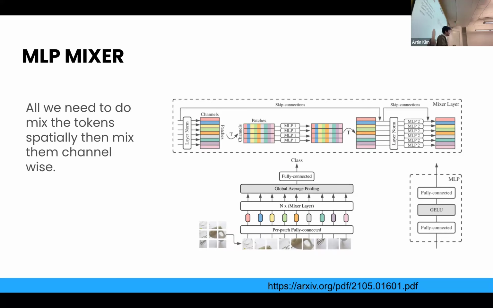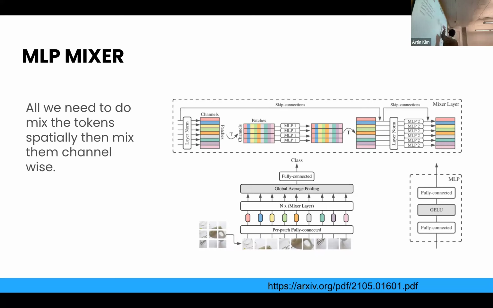Then you do that again in a different way, and then you concatenate all of them and compress or combine them in another way. So the scheme is pretty much, you need to mix the tokens spatially, right?